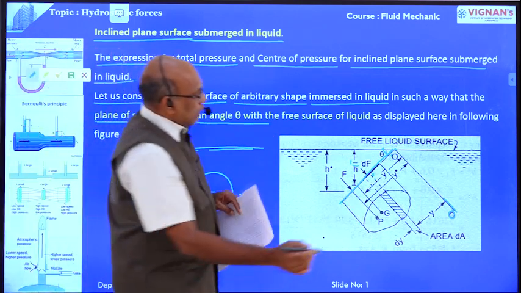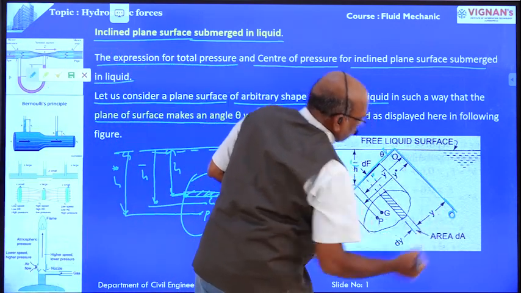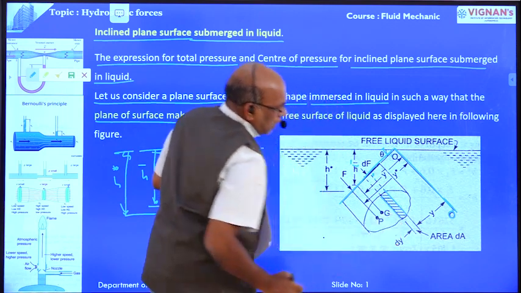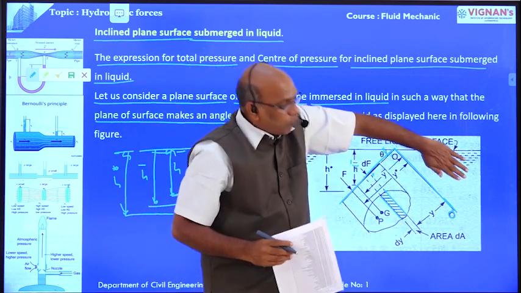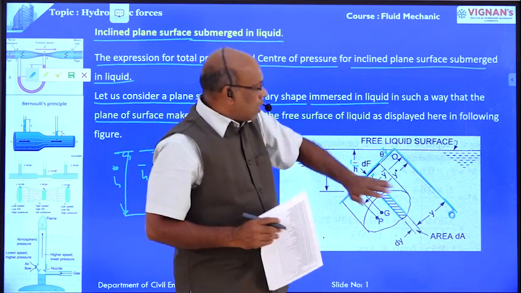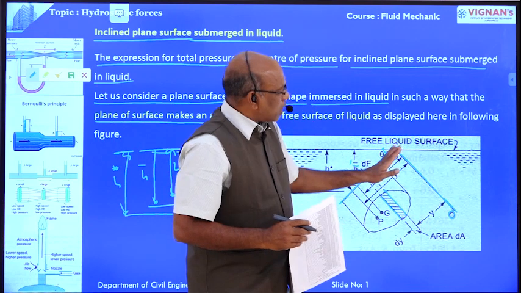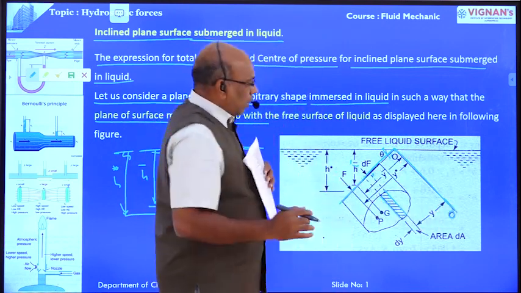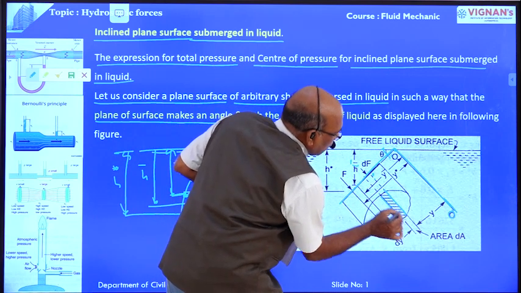This is the strip. Earlier we worked with respect to the free surface; now, instead of the free surface, we take O, O.